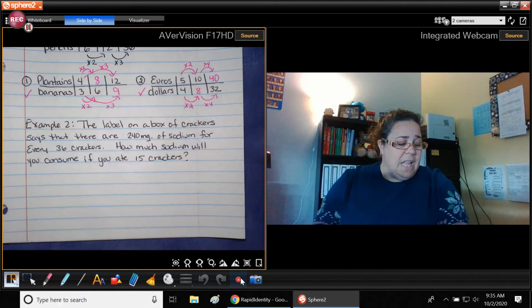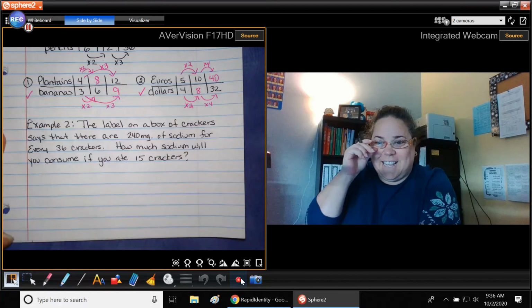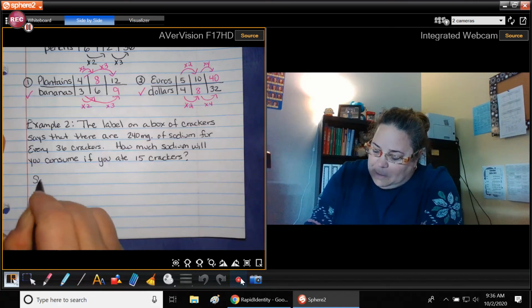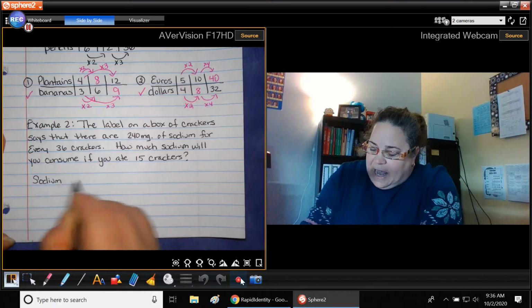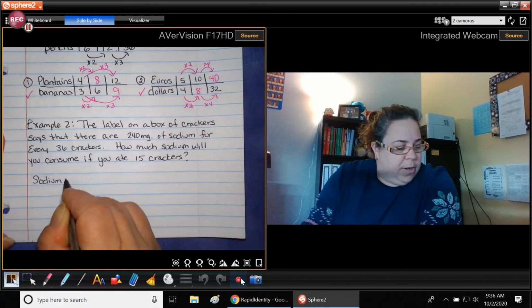So, in order to solve it, we're going to use a table. And this one's going to be a little tricky. I kind of like it, actually. All right, so this one we're going to put sodium on top. And when they give us a unit, we usually put the unit next to it just so we know what we're comparing, okay?